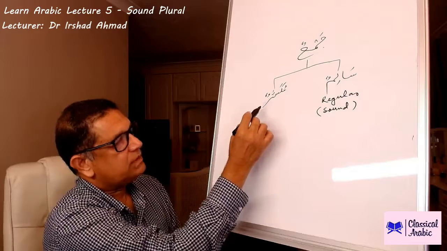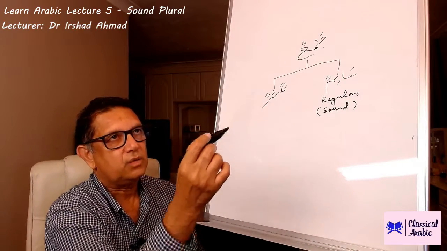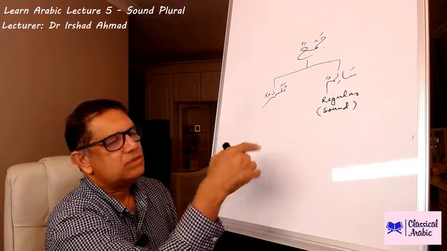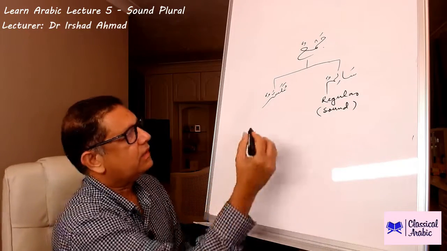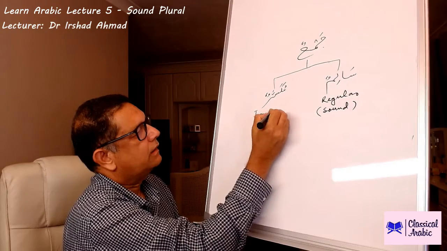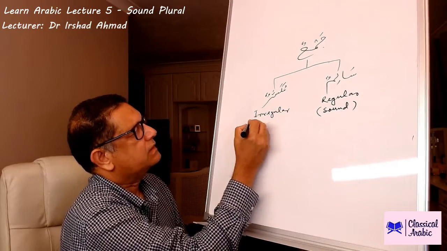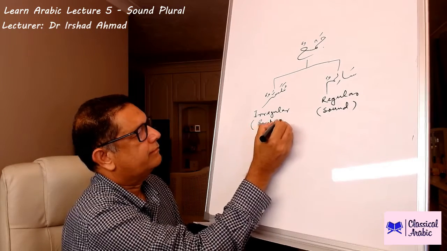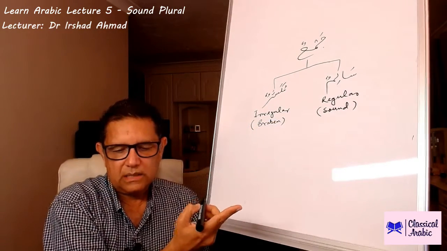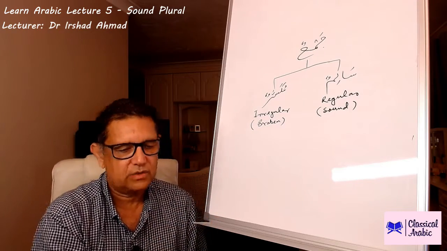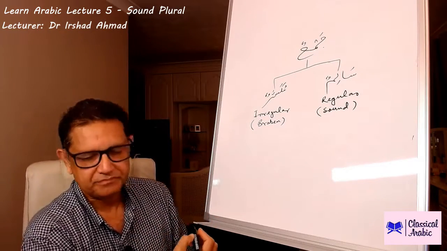On the other hand, mukassar, like goose, geese, tooth, teeth, etc., is all kind of broken, irregular, broken, or we can say broken, mukassar. Kasara yaksiru means to break, and the similar verb is kassara yukassiru means to smash.